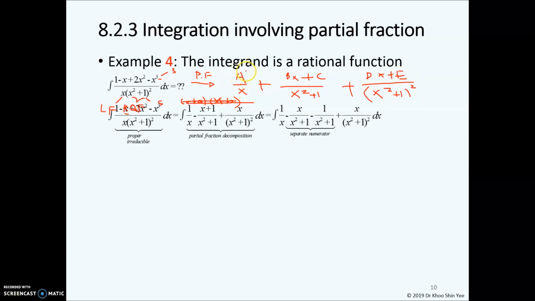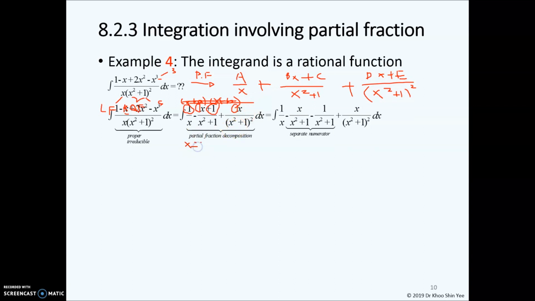By solving, a you should get 1 here. You can let x equal to 0, you substitute like the method we have used previously, you can get the 1. So substitute x equal to plus 1 and negative 1, you should be able to get another coefficient. So let's say b you get 1, c you get 1 here. And lastly, for d and e, you should get 1 for d, and 0 for e.